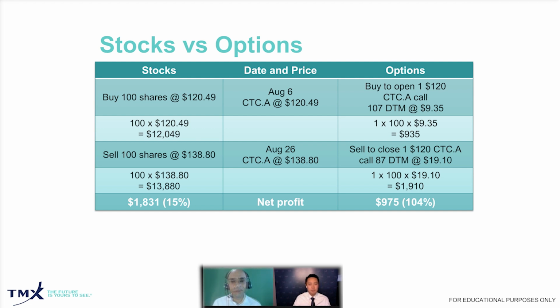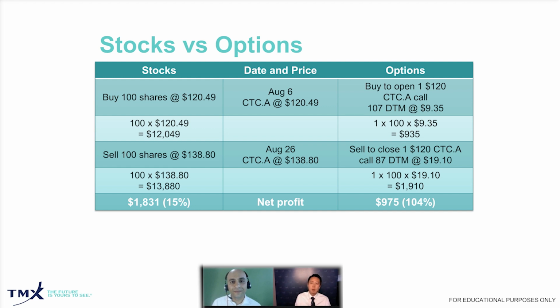So, Richard, with this comes some risk, right? Yeah, Ryan. Just like any type of investment, there's always risk involved. The risk in trading options is that, let's say, Canadian Tire doesn't go up, but instead it drops to $100. Now, for both traders, the stock investor and the option investor, they would both lose money.